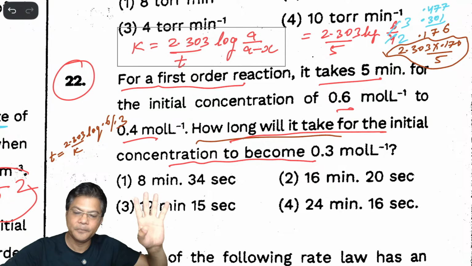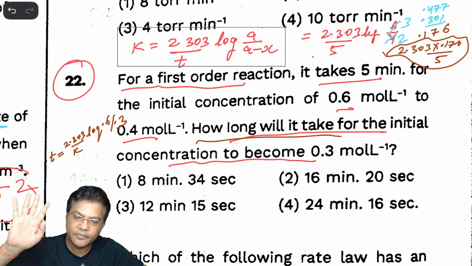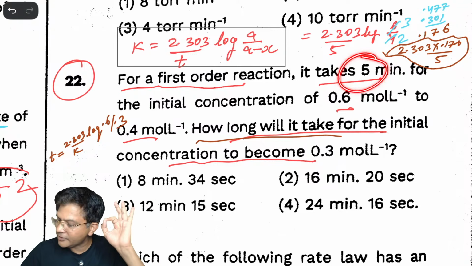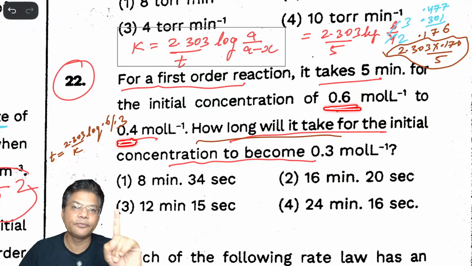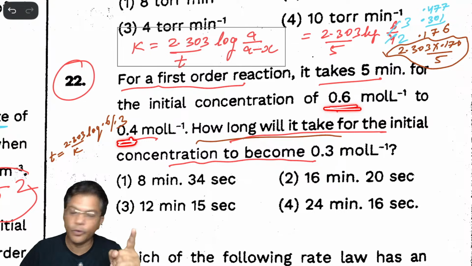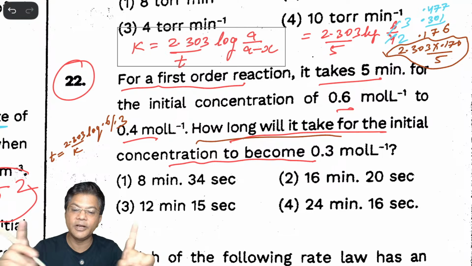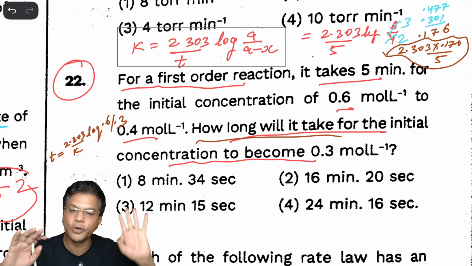We know that for a first order reaction, the thing becomes half of its initial concentration in T half. If they would have given 5 minutes from 0.6 to 0.3, then I would have said 5 minutes is the T half. But they are saying from 0.6 to 0.4, that means 5 minutes is not the T half. T half should be a little bit more than 5.